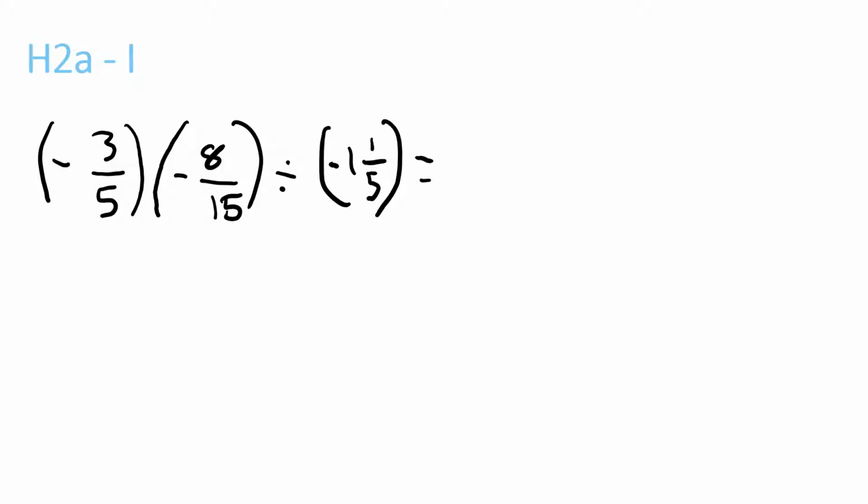So for this one, remove all the brackets. There are three negatives, so it becomes a negative. And then there's 3 over 5. So 3 over 5, and if there's nothing between there, it's a times. So times 8 over 15.